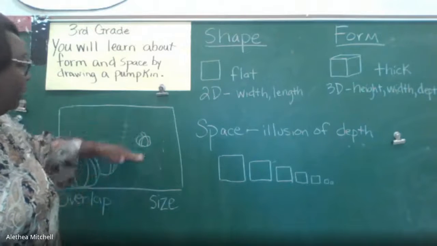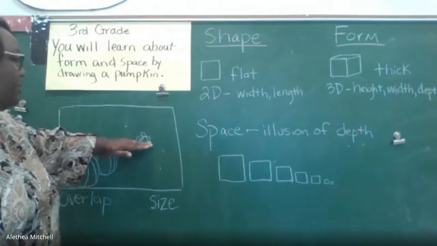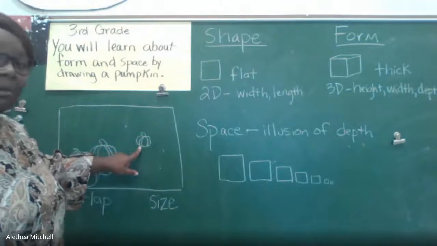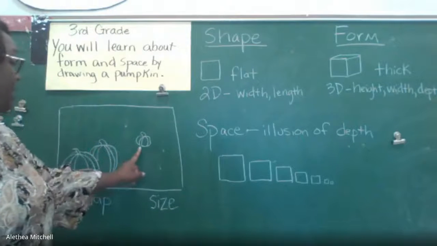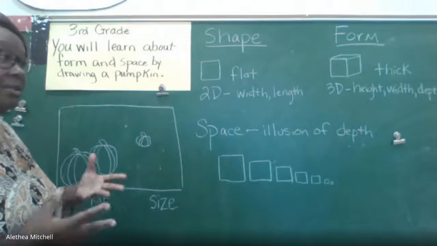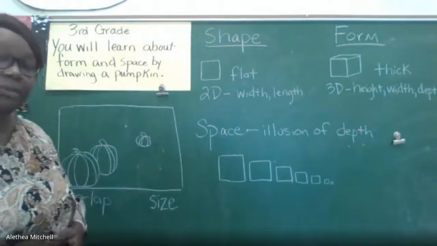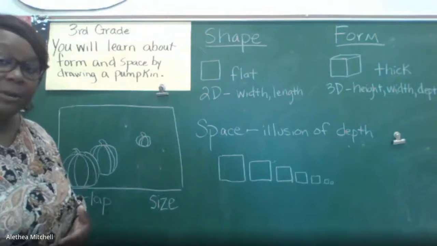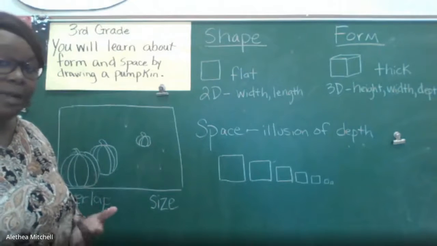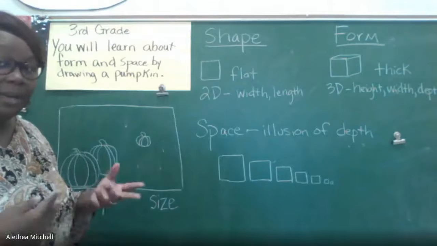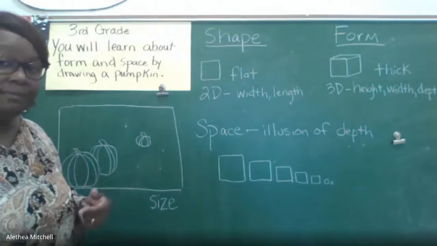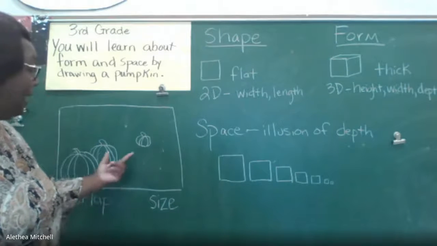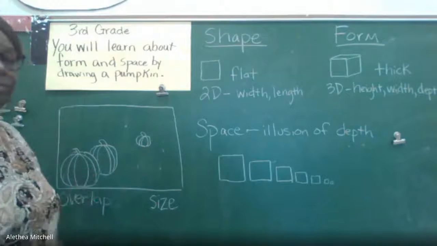I got it higher up on the page because this one is lower. This is moved up. And also I got it smaller. The further away it gets, the smaller it gets. So that's dealing with space. Those are the ways that we create space in drawing. For this particular piece, you're going to overlap at least 2 of your pumpkins. And also you're going to have one that's smaller. So you're doing a total of 3.